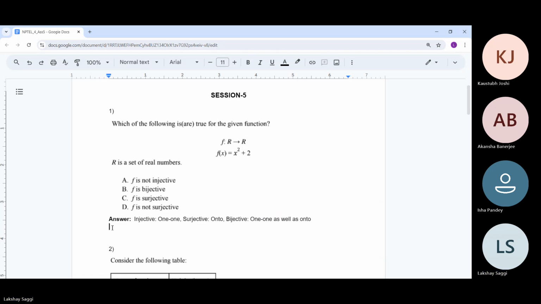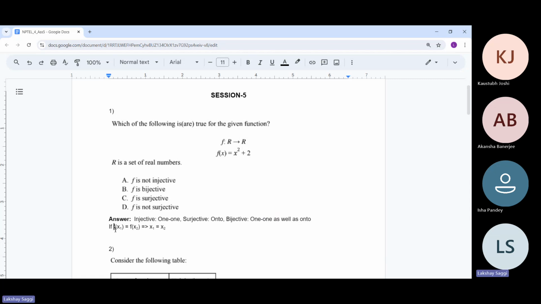Let's say f is a function and we have that if f of x1 is equal to f of x2, this implies x1 equal to x2.